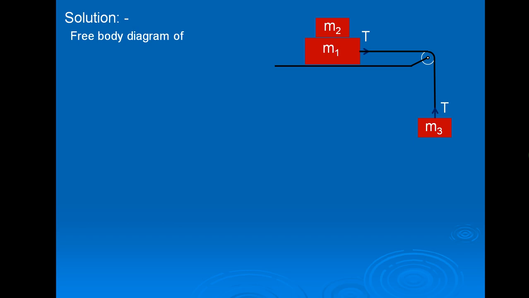Now the free body diagram of mass m1 and m2 is, this is mass m1 and this is mass m2.